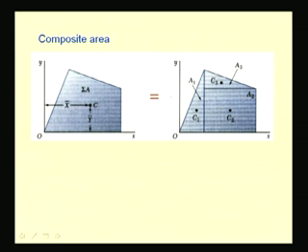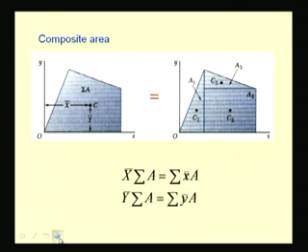Like in this case, we have this area A1, A2 and A3 for which the centroids C1, C2 and C3 are known, and thus by equating the first moment of these areas about O to the first moment of this composite area, we can know these moment arms, say x bar and y bar, that are necessary for computing the equivalent load and its location.